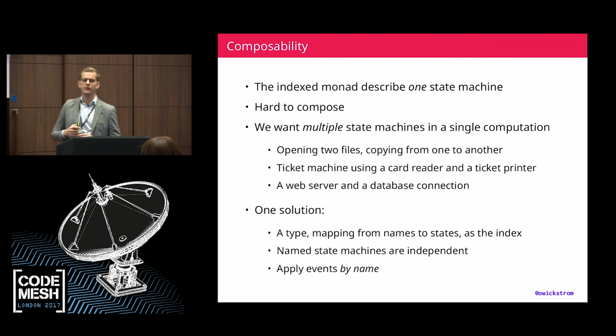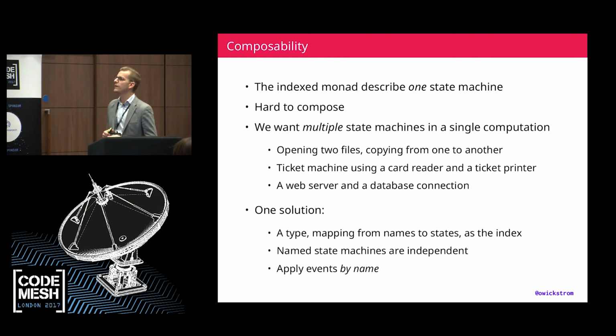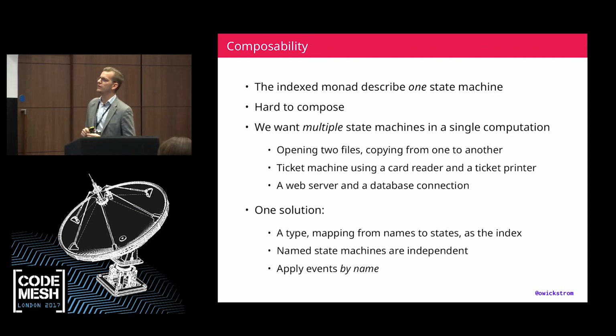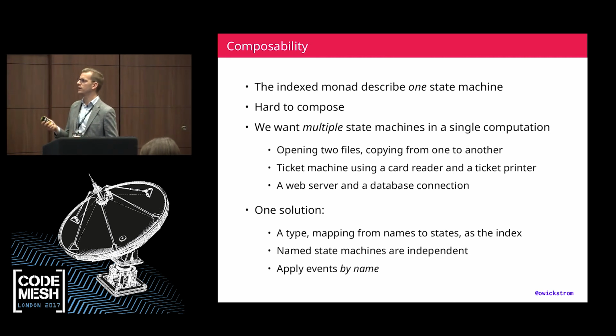So we might want to have multiple state machines going on in one program, in one computation. Some examples are opening two files. If you see a file as a small state machine and you want to copy stuff from one file to another, you have two state machines living at the same time, really. And you might write a program like a ticket machine using a card reader and a printer, or whatever.